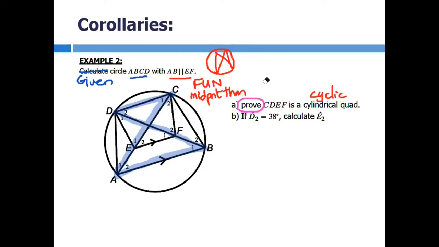So we've decided we're going to use the blue one, because do you notice that if I look at those angles, some of them are actually inside the small cyclic quad? If I were to draw a bow tie inside the small cyclic quad, do you see that C1 and D2 are angles inside the small cyclic quad?